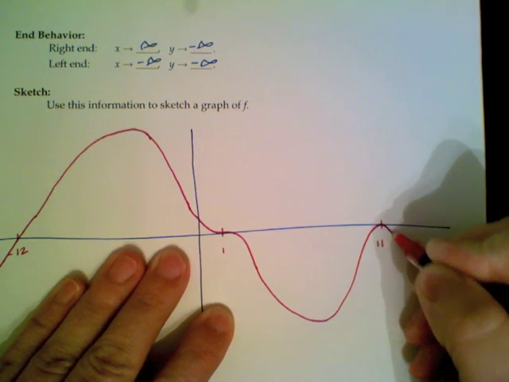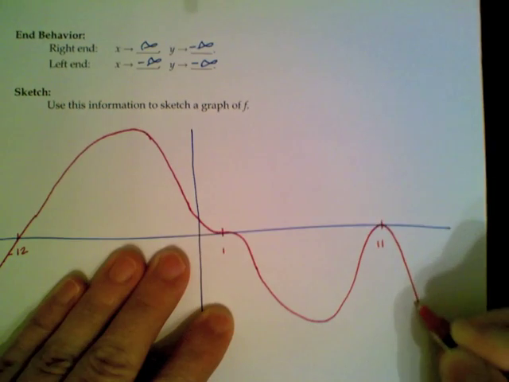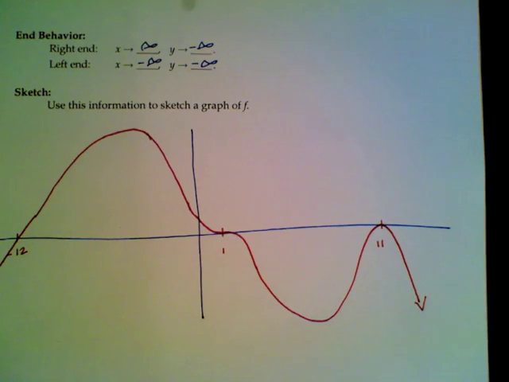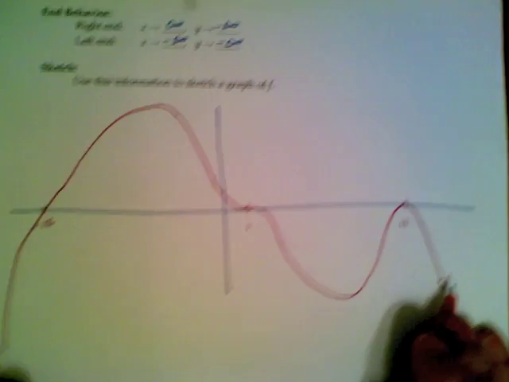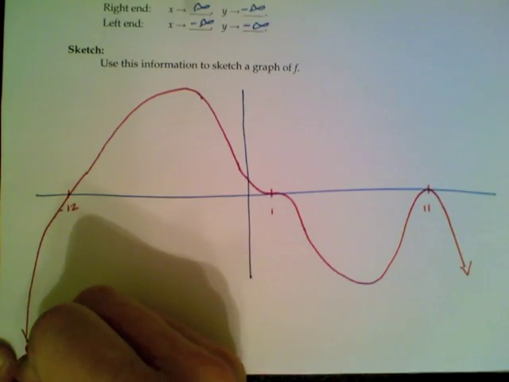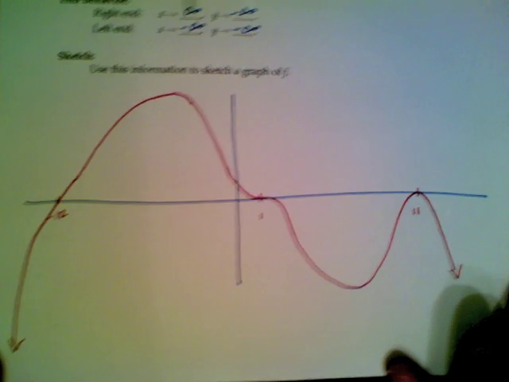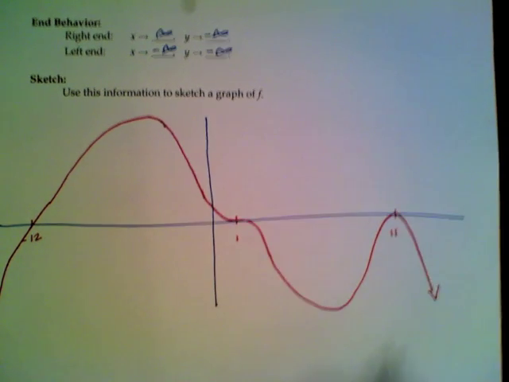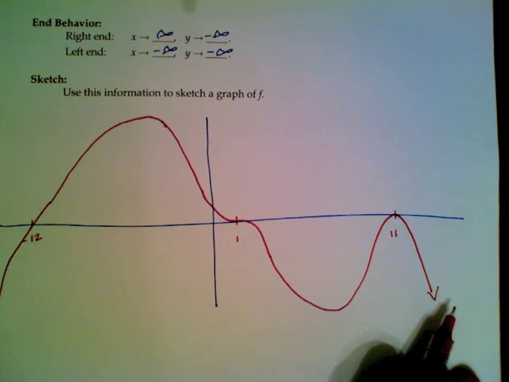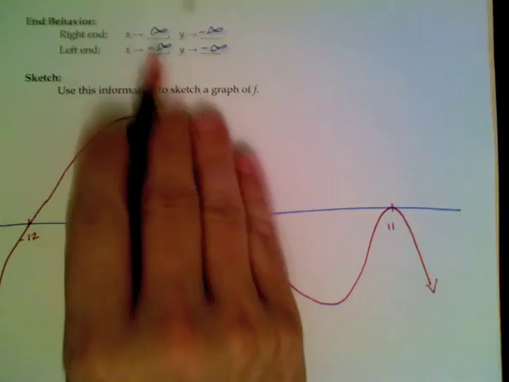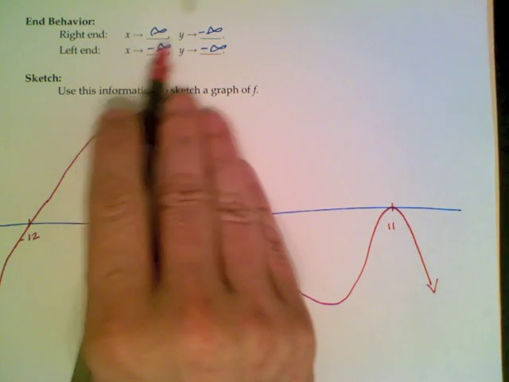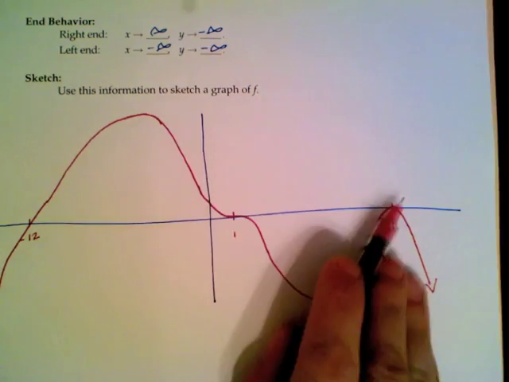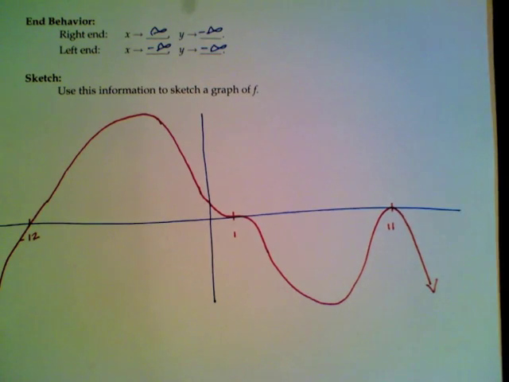And it touches the x-axis at 11, but it does not cross there. So I've got an arrow onto this end. I want to make sure I put an arrow on that end. And notice that my end behavior on my right end is what it's supposed to be. As x approaches infinity, y approaches -infinity. That means it's going down on the right.